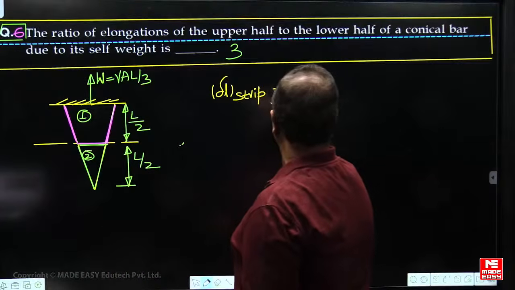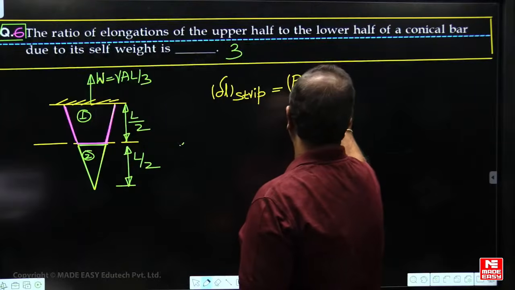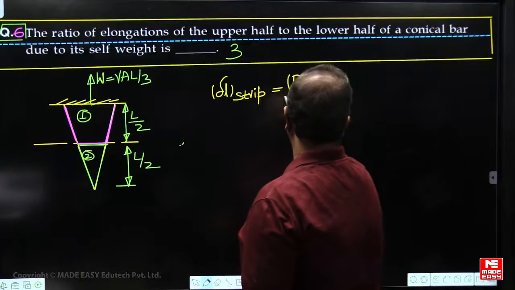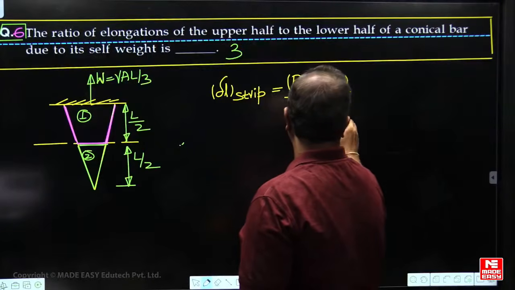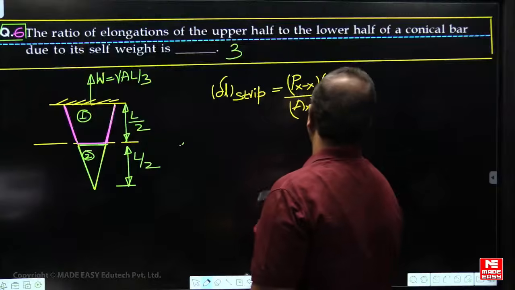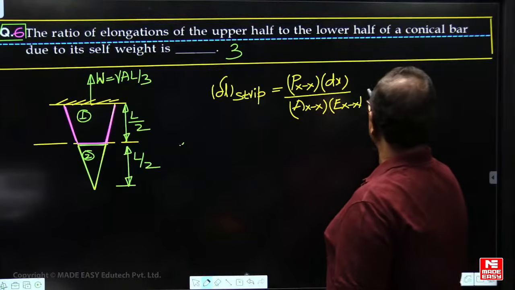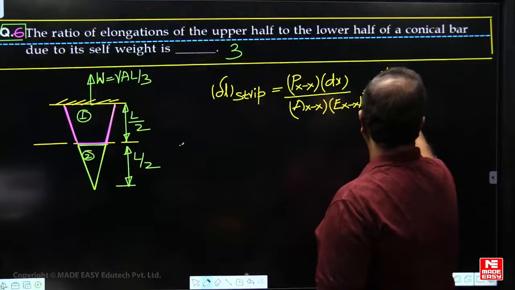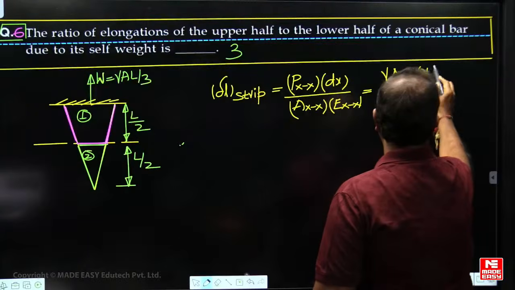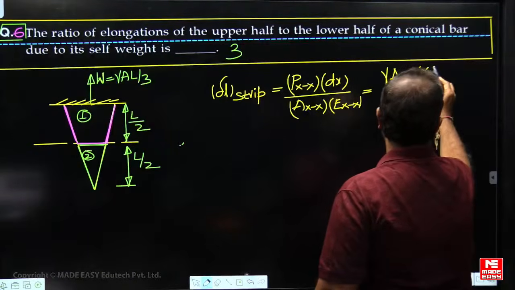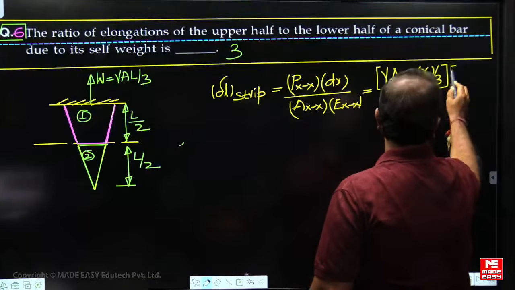Change in length of the small strip. Axial load at x. Length of the small strip. What is the axial load at x now? Gamma. I'm measuring the x from bottom now.